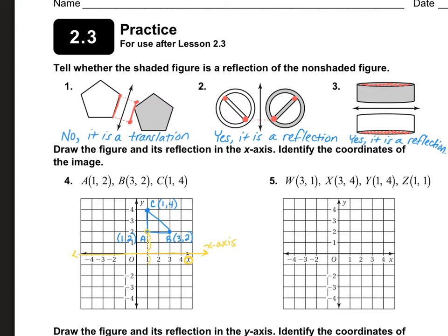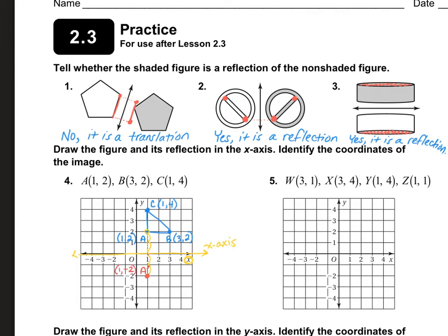So we're going to go 1, 2 past the line of reflection, and my new point A now lives here. So I'm going to call that A prime, because that is the prime, remember, we put in for the image. Let's go ahead and write what these points are. So instead of over 1 and up 2 like we had before, now we're going over 1 and down 2. So this is going to be 1 comma negative 2.